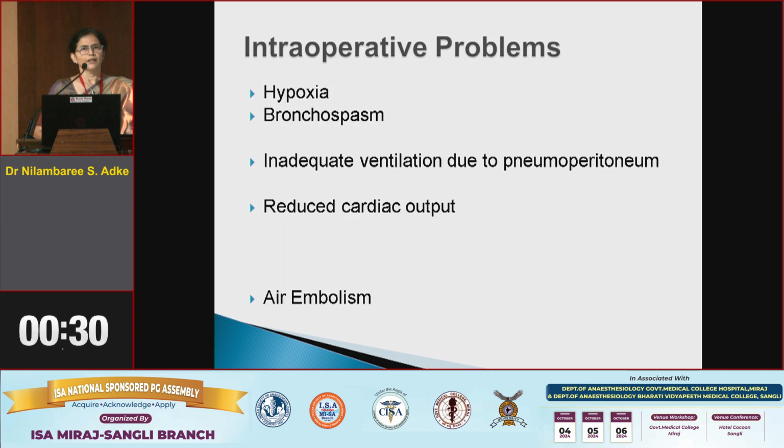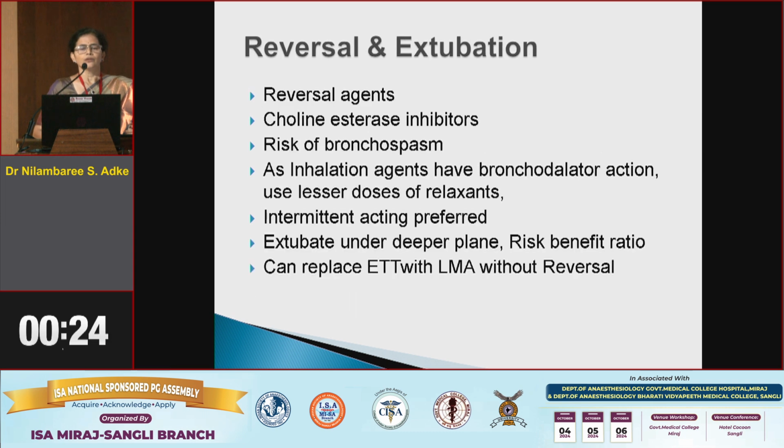Volatile agents have a direct relaxant effect on the airways, but intraoperatively bronchospasm can occur. Then the role of giving puffs: 1 or 2 puffs may not be adequate, give 7 or 8 puffs, because you must treat it as if the ETT is kinked.